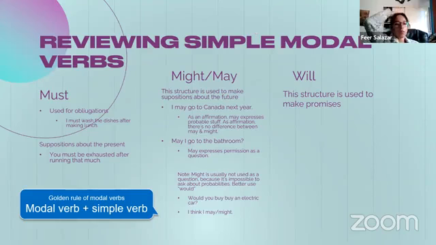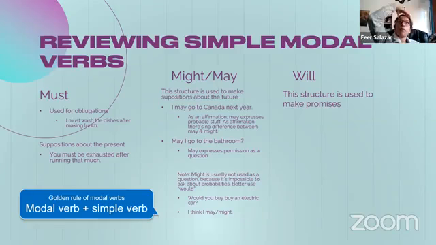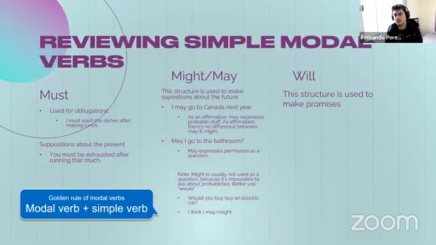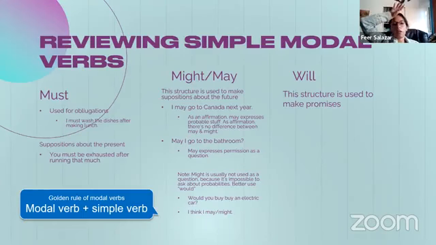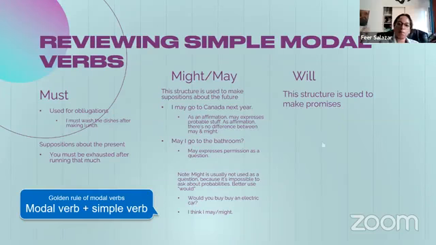And we cannot make suppositions about the future with must. That's something I want to find. Because, for example, if I want to say, like the example with the TOEFL exam, it sounds weird. If I say I must pass my TOEFL exam, it's like I have to do it. Exactly, it sounds like an obligation, no? Totally. Not like a probable thing that will happen.